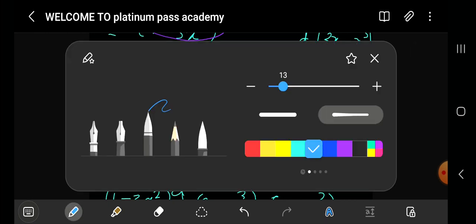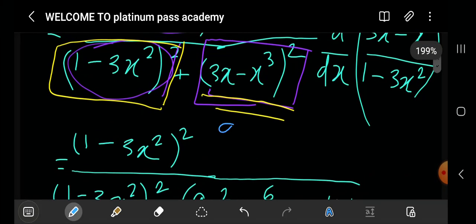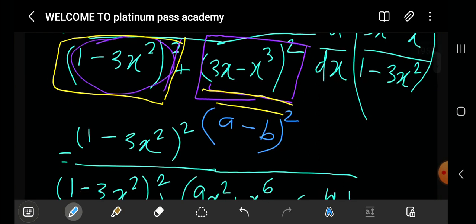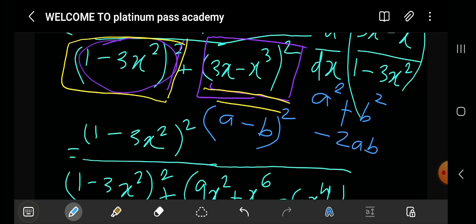Let me show you the formula I have used here, that is a minus b whole square, that is a square minus 2ab plus b square.